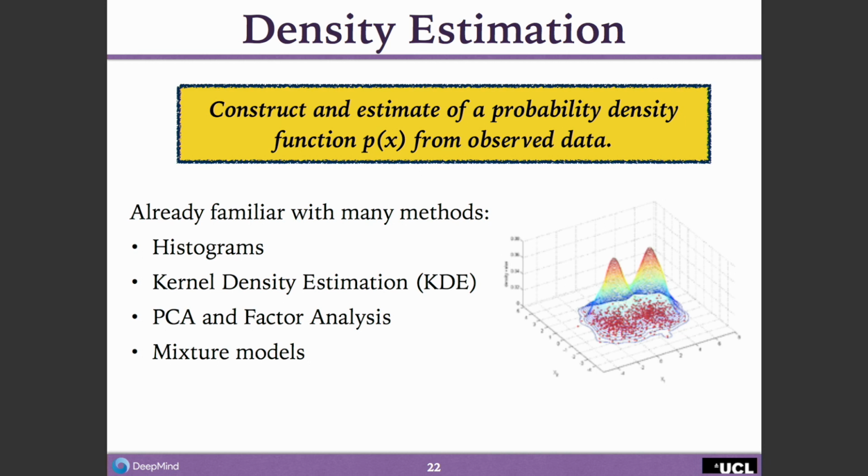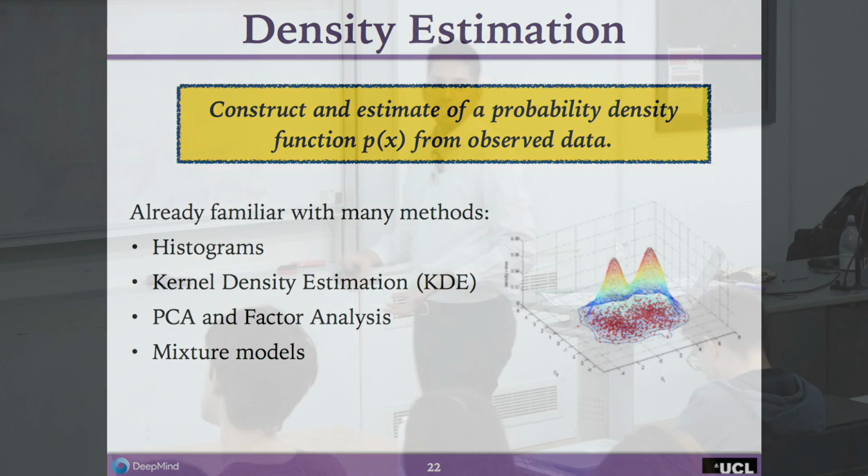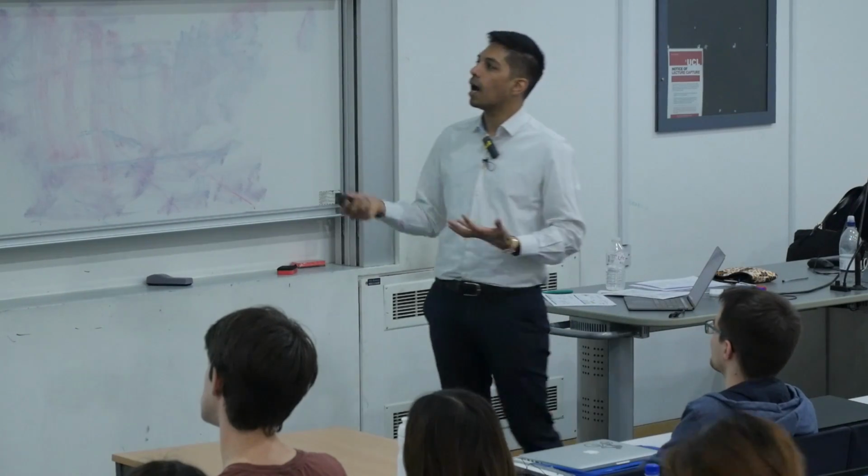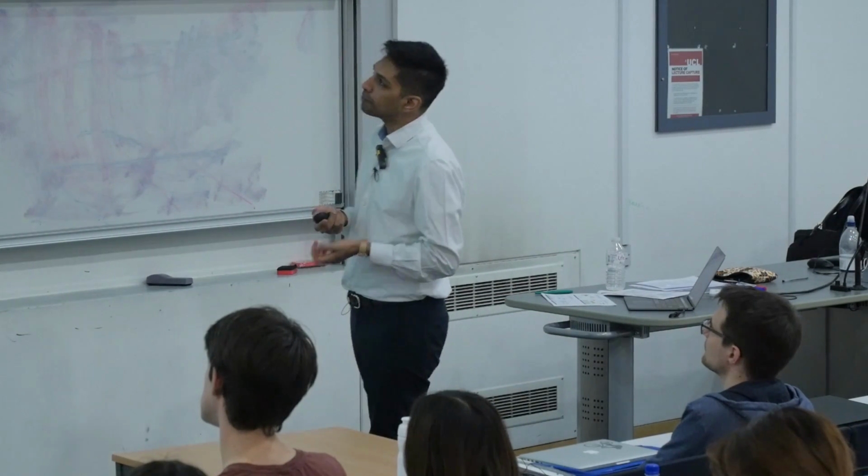Then later on came PCA and factor analysis, and then mixture models came. So these were the basic tools of density estimation, and they were any way of learning about the probability density P of x from observed data. And all we're going to do is continue in this tradition and build richer models that are going to help us deal with really complex data.